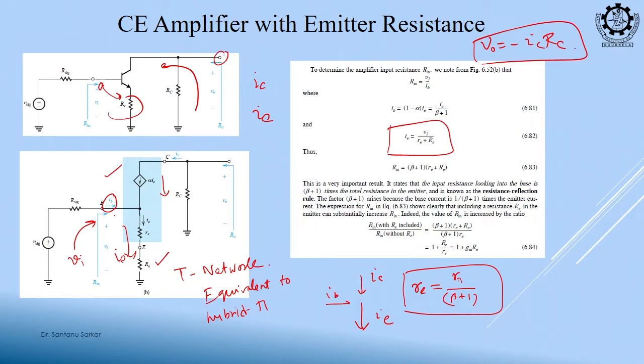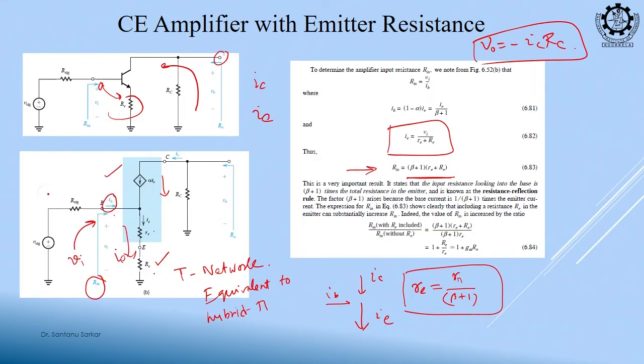Okay. Now, see, if you look from this base terminal, because base current is less, right, resistance should be higher. Resistance should be higher by how much times? Beta plus 1 times. What is the relationship between emitter resistance and base resistance? Base resistance is beta plus 1 times emitter resistance, which is small RE plus capital RE.